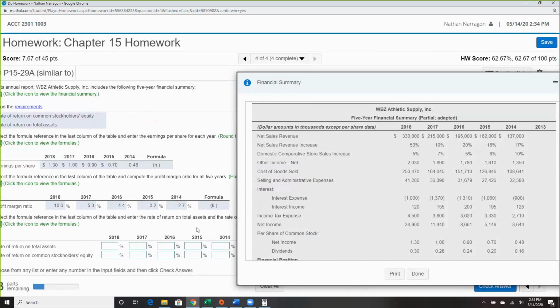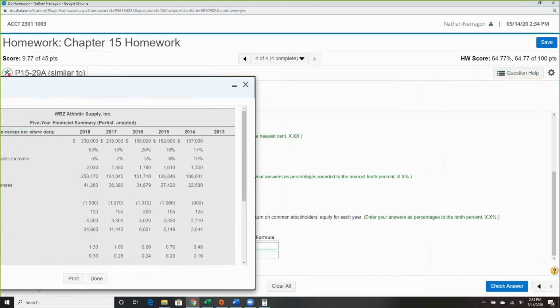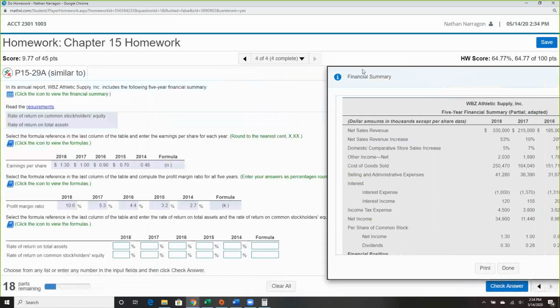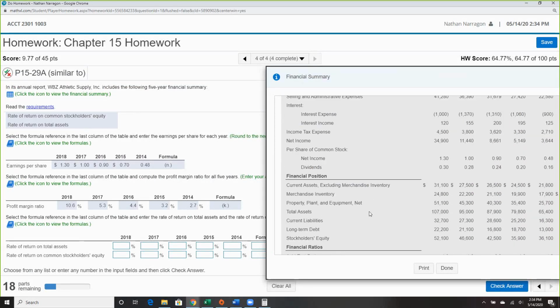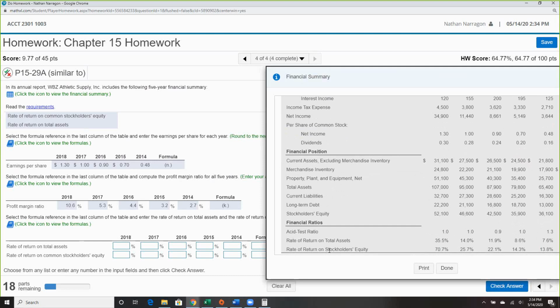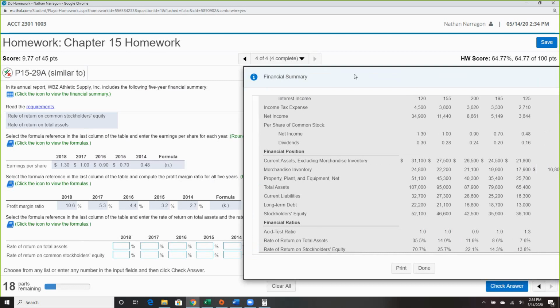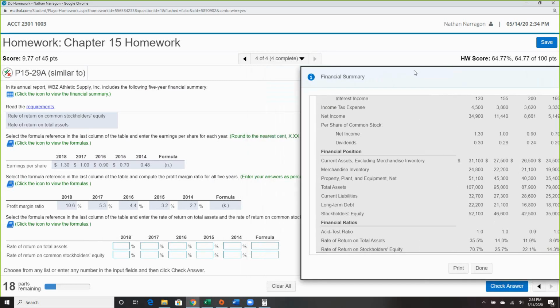Okay. Next formula. Last two. They already give us the return on total assets, and they give us the return on stockholders' equity. So they actually give us both of these answers. Let's go ahead and put in the formulas out of our list.